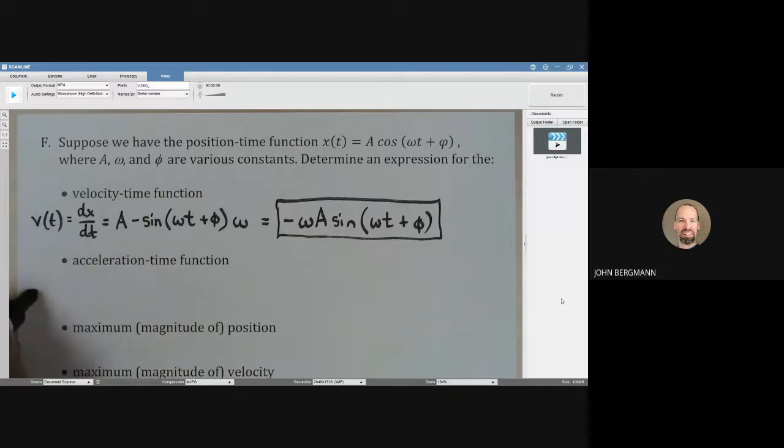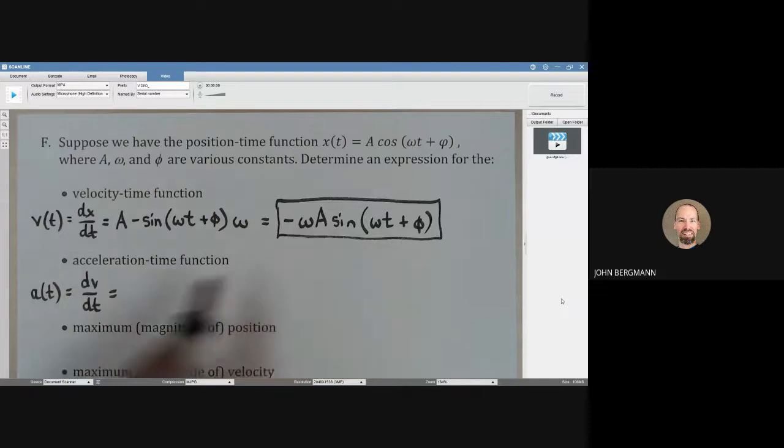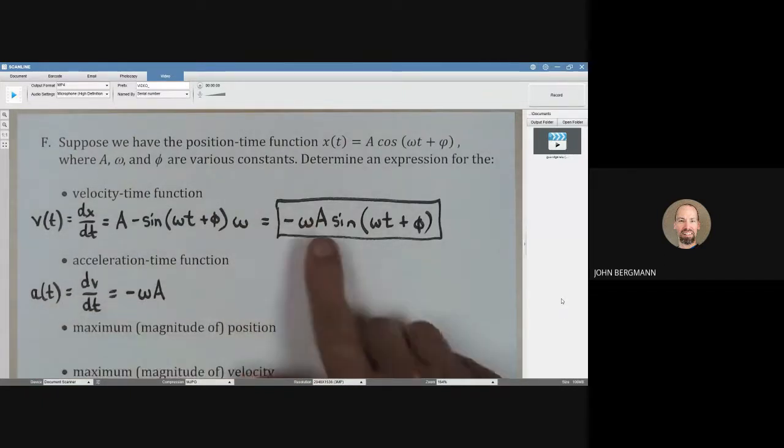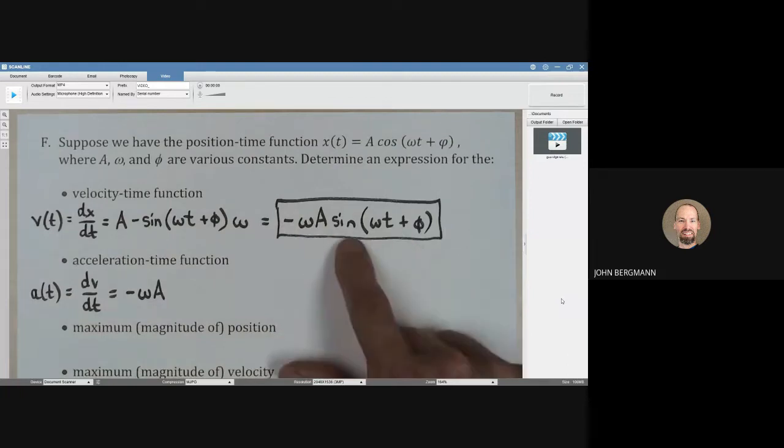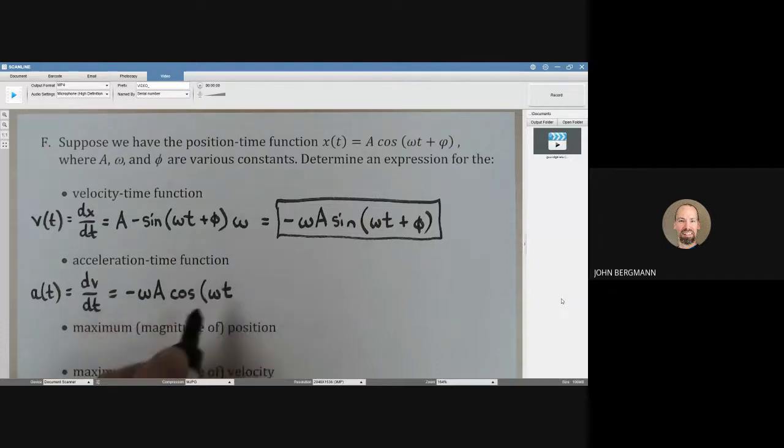What about the acceleration time function? The acceleration time function is going to be the time derivative of the velocity. So let's see if we can do that. The minus sign and omega and A are constants, so I'm just going to leave those as they are. What's the derivative of the sine of something? Oh, it's the cosine of the thing. So cosine of omega t plus phi.